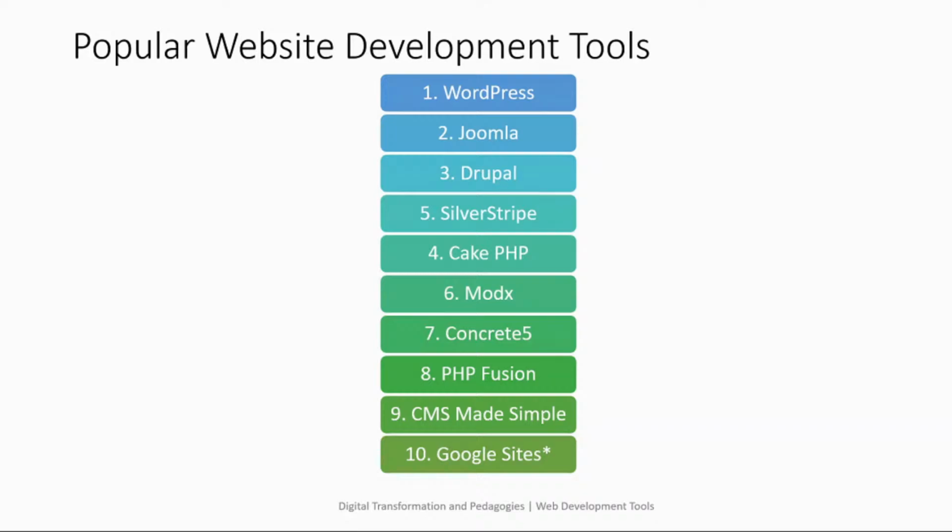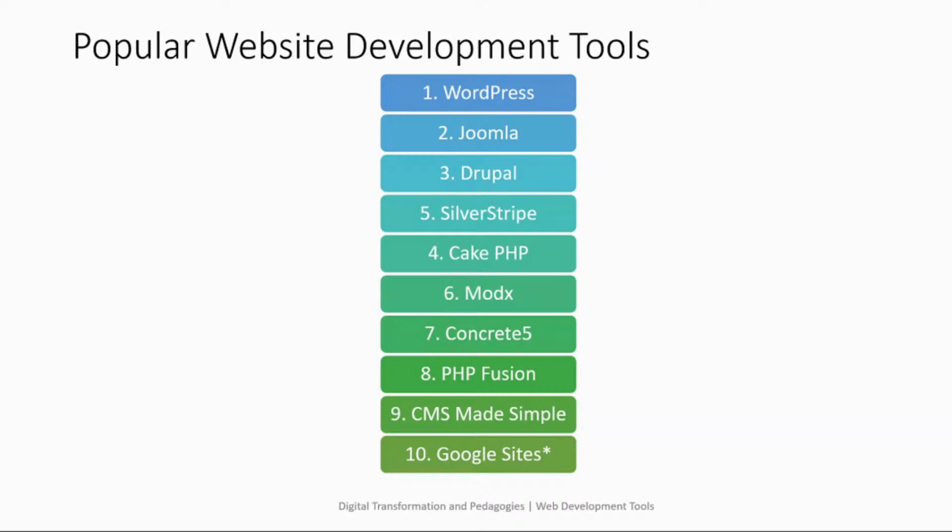The first one is WordPress. I think that is the highest, with almost 30-35% share in terms of number of websites across the world. And then we have Joomla, Drupal, Silver Stripe, Cake PHP, Modx, Concrete 5, PHP Fusion, and CMS Made Simple.